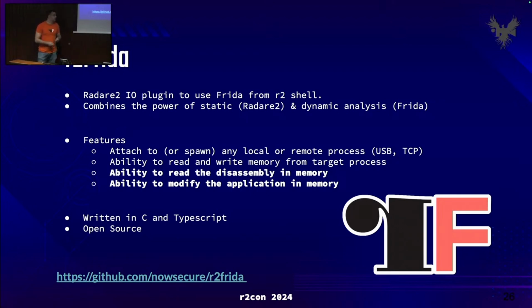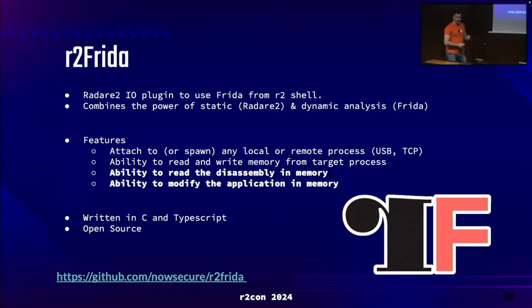The idea is that, for me at least, the most important parts, especially for this talk, are the latest features involved. I'm able to read memory. I'm able to disassemble the application in memory, and I'm able to modify the application in memory. So I can use R2 as if it were a local file, but in the end I'm just playing in memory.